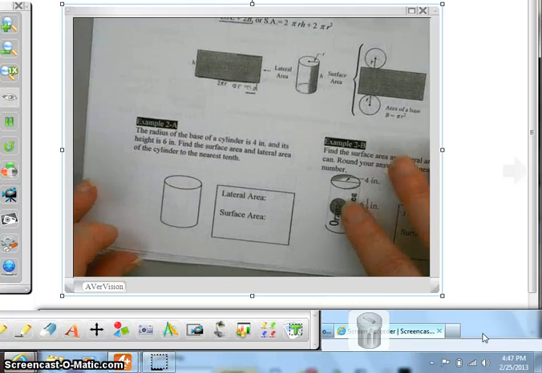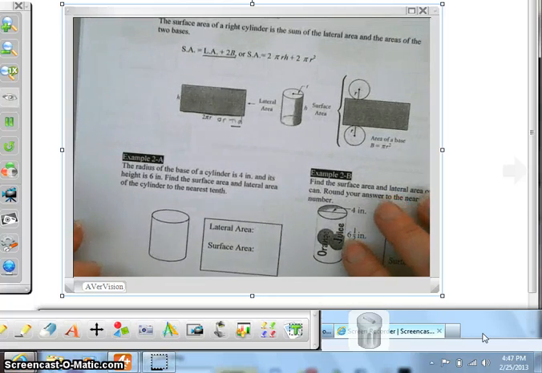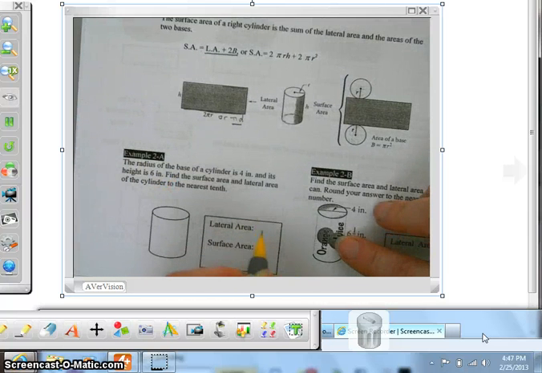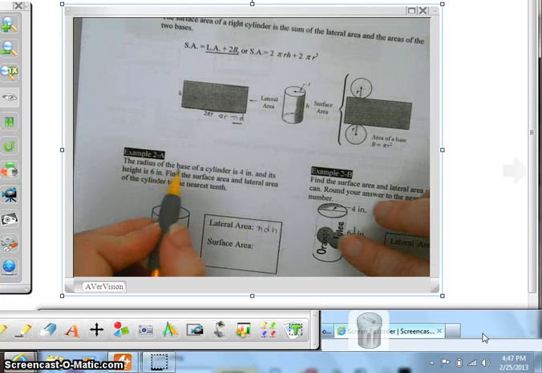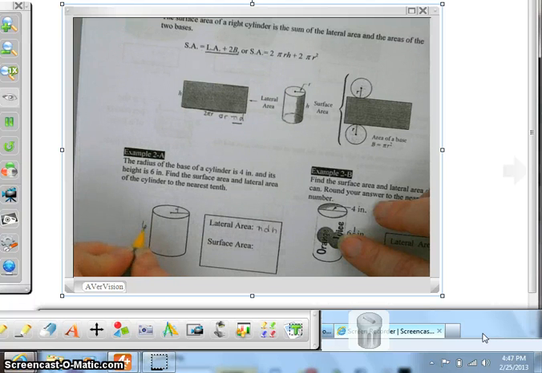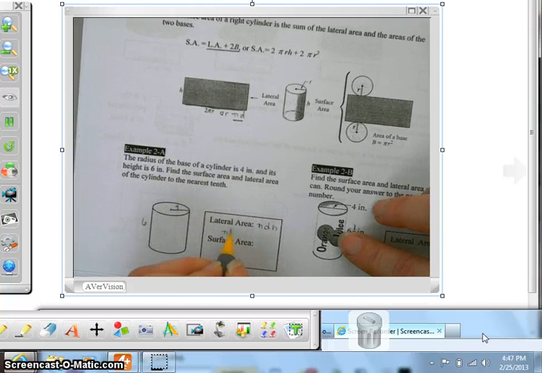Let's look at how to find the actual area now. Let's do a problem. Remember, lateral area is pi dh. The radius of the base of a cylinder is 4. Its height is 6. Find surface area and lateral area. So we have pi, your diameter is 8, and your height is 6. So it's 48 pi.